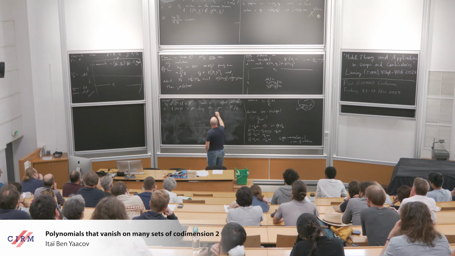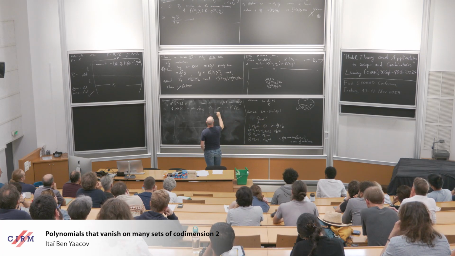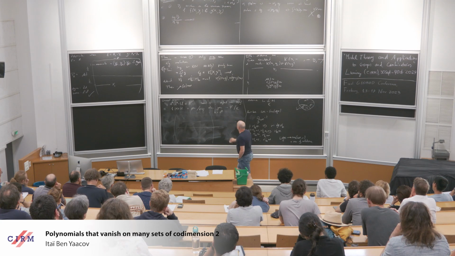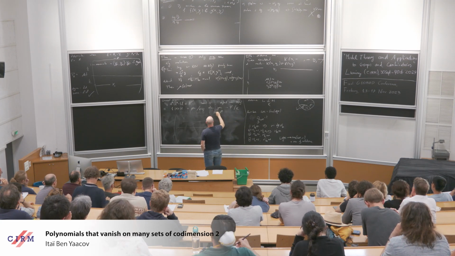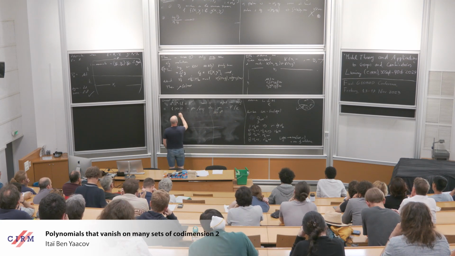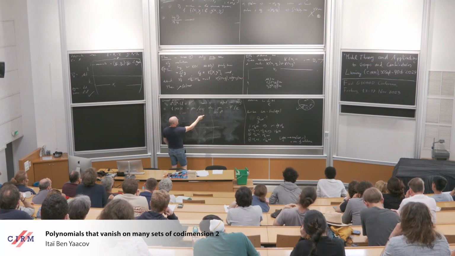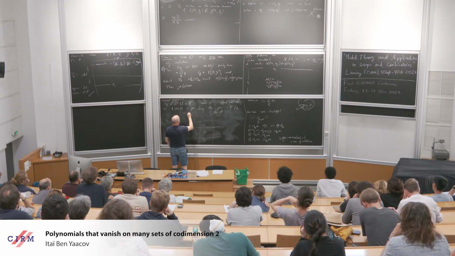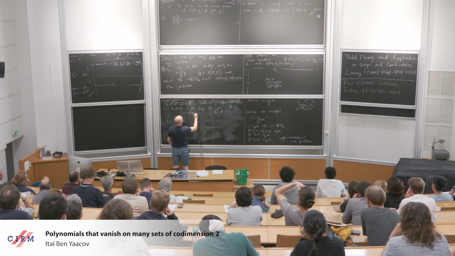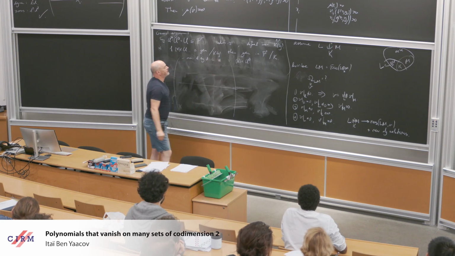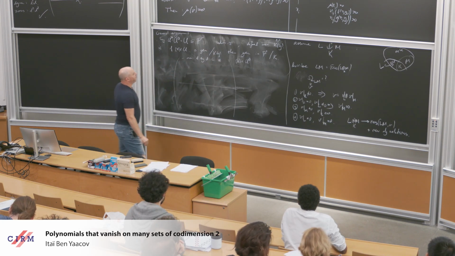So say I have a point z in U_y. Again, I'm going to put monomials. Here now we are doing homogeneous stuff, so monomials of degree d in Z. Okay, fine.